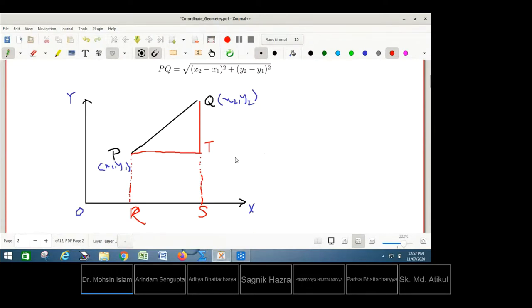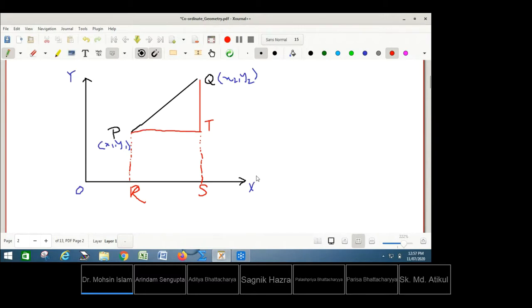Now you see this length, starting from O to R. This is x1, because you start counting from the origin, and the coordinate of P is (x1, y1). So naturally this length is x1, and the perpendicular, the vertical height, is y1. Am I clear?